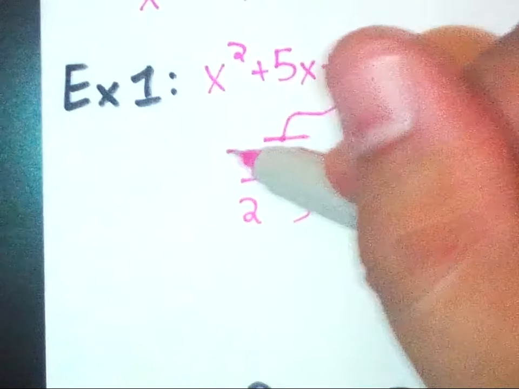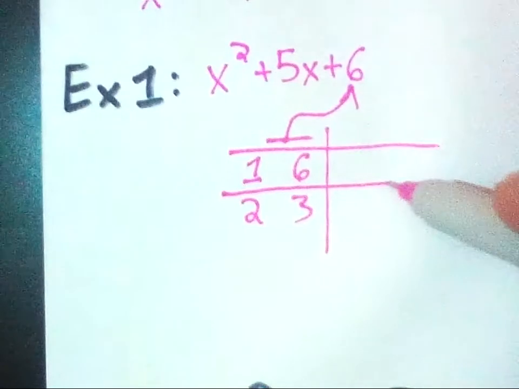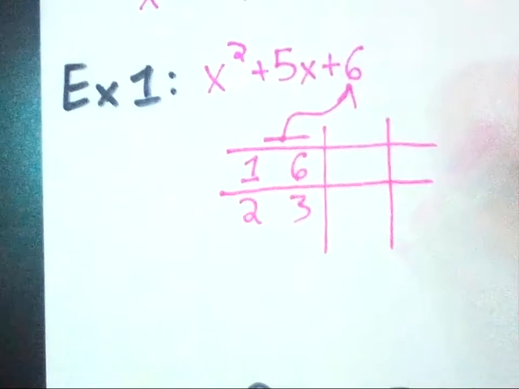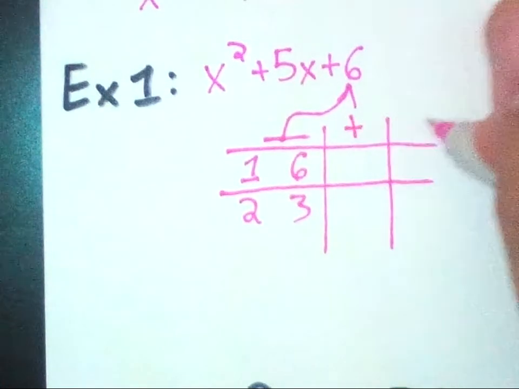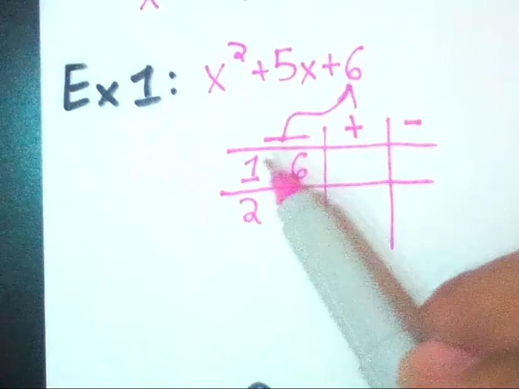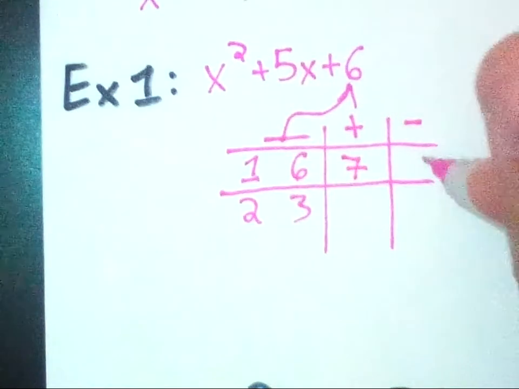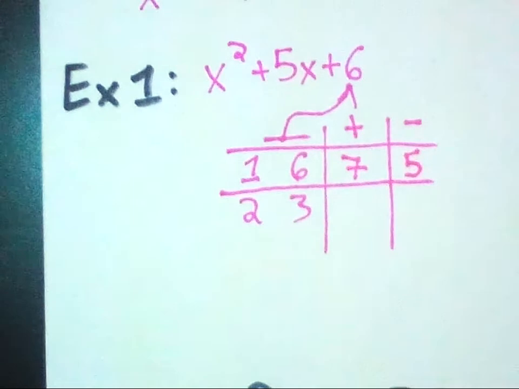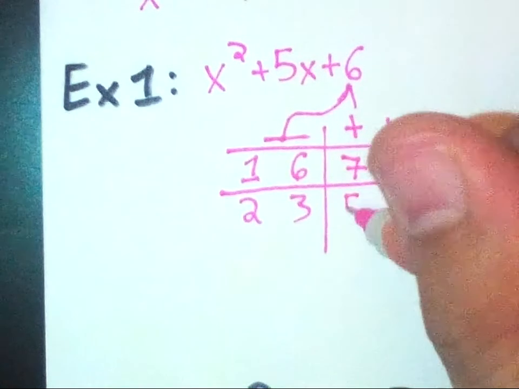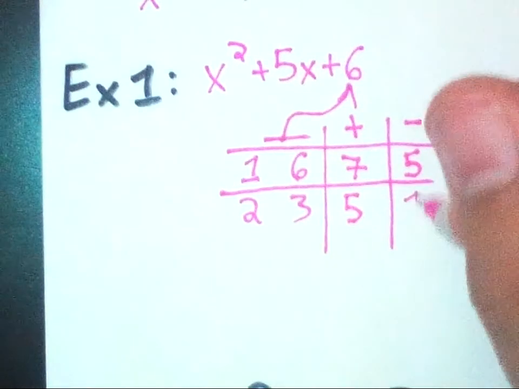We're actually going to make a quick little table here. And what you're going to do is add and subtract the two numbers together. Well, okay. What's 1 plus 6? That's 7. And 6 minus 1, that's 5. 2 plus 3 is also 5. And 3 minus 2 is 1.